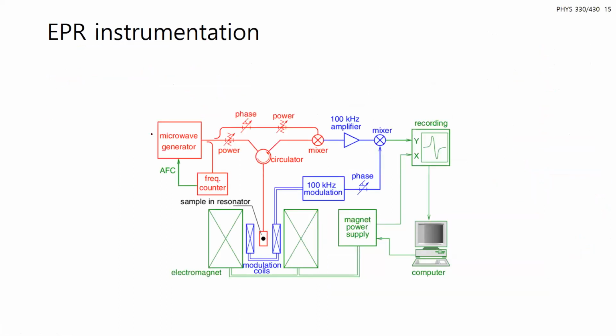We don't have a ton of time to go over all of the instrumentation, but one thing I do want to point out is that the microwave generator historically was a vacuum tube with high gain, but now a Gunn diode is used. This is an N-doped semiconductor that can produce microwave frequencies.